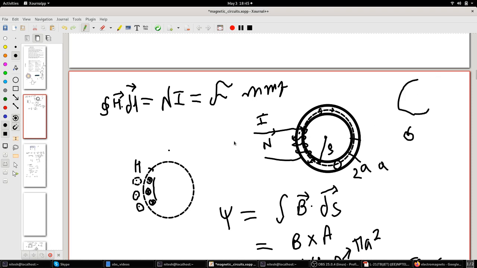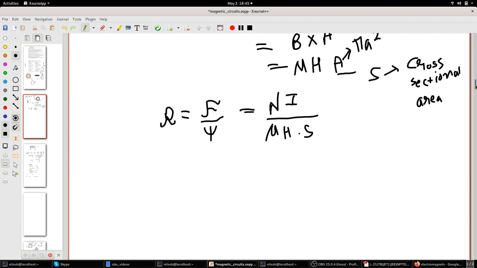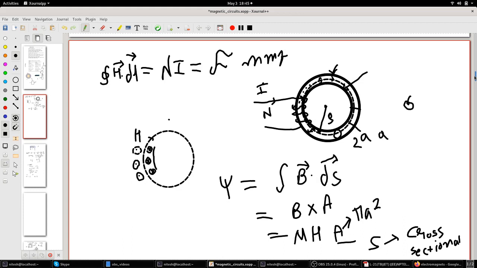Now the mean length will be the center circle, in between the two circles, and we'll call it rho.